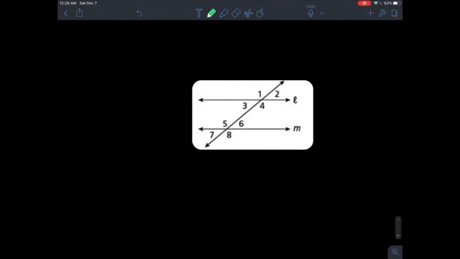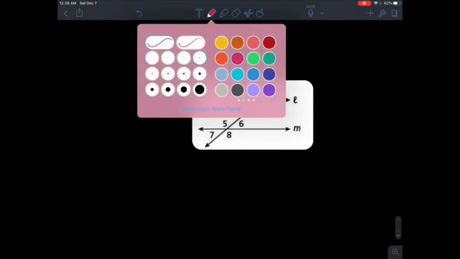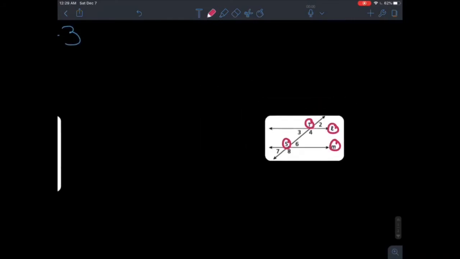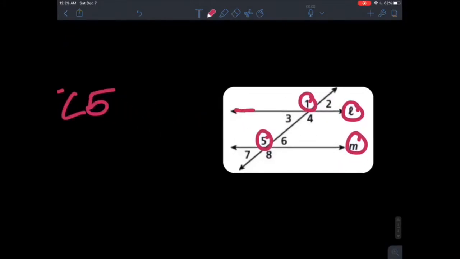So we're going to work on one here. We're going to be proving L and M, so let's use angles 1 and 5. So this is one of our coplanar lines.